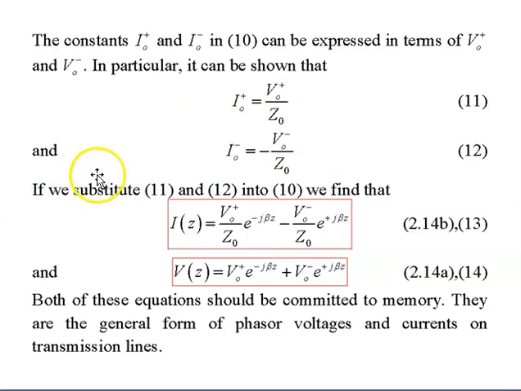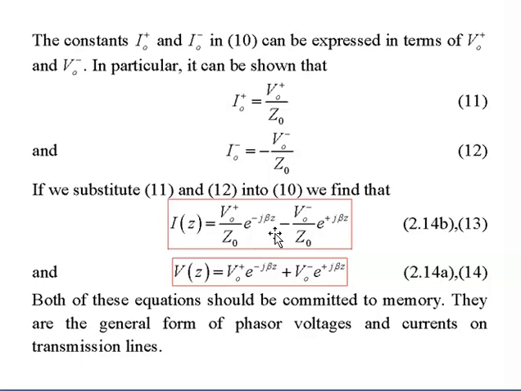Now, the constants I0 plus and I0 minus can be expressed in terms of V0 plus and V0 minus. So you have I0 plus equal to V0 plus over Z0, while I0 minus is equal to minus V0 minus over Z0.